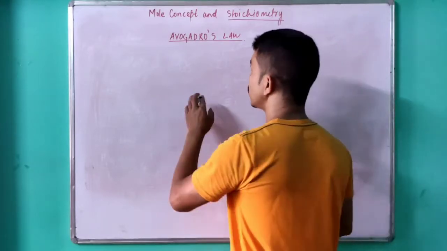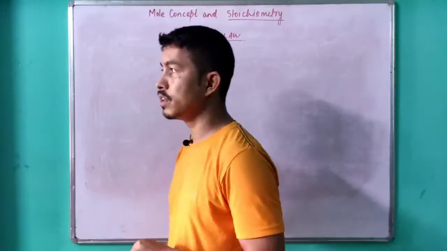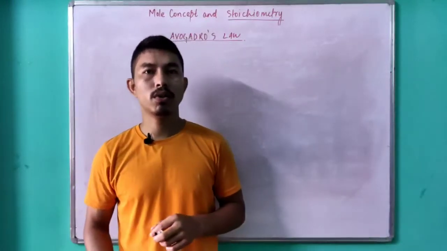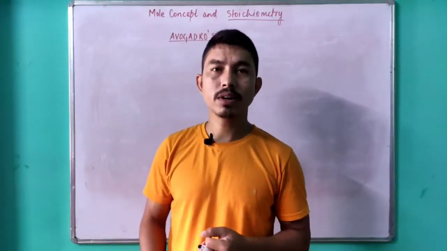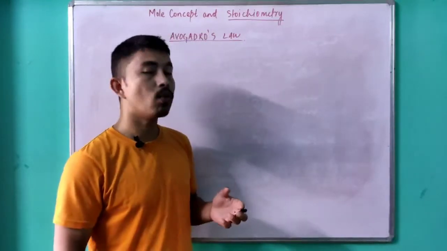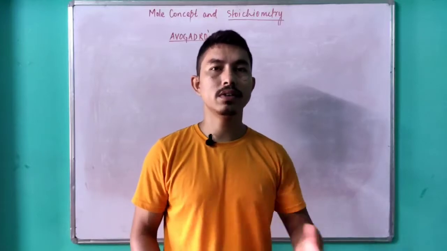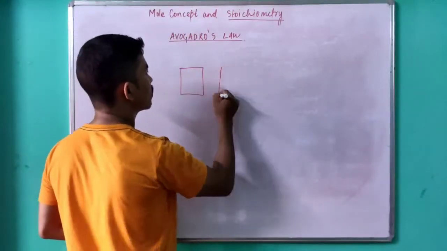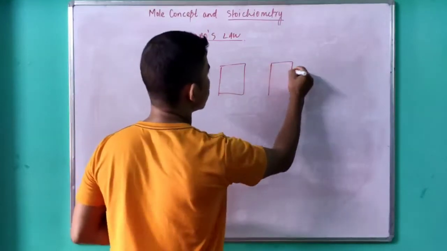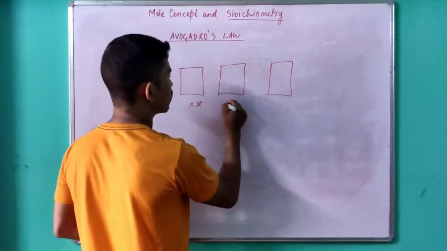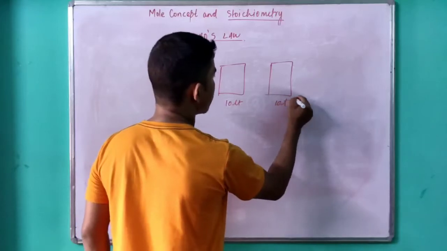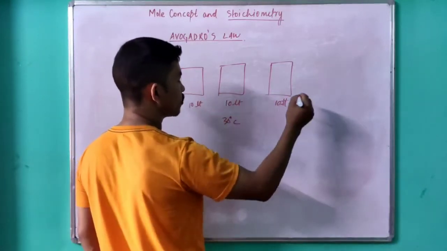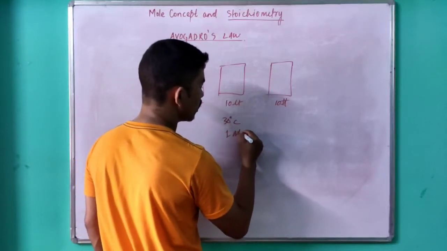Another important law in this chapter is Avogadro's Law, which is very easy to state. Avogadro's Law states that equal volumes of all gases, at the same conditions of temperature and pressure, contain the same number of molecules. Like if I have 3 containers of equal volume, suppose 10 liters each, with the temperature constant throughout at 30 degrees centigrade and the pressure also the same, say 1 atmosphere.